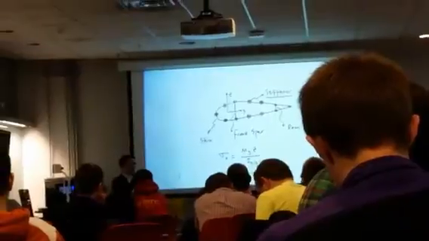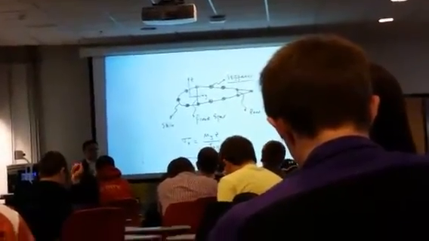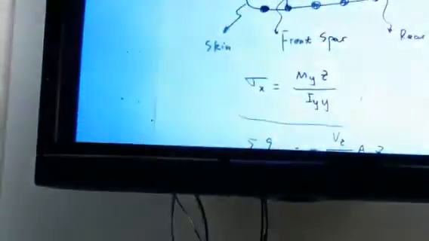Bending or pushing this way, or this way. No matter what kind of loading I apply on this structure, all of these three cells should be deformed together. That means the rotation, the twist angle, should be the same. Three cells should have the same twist angle.